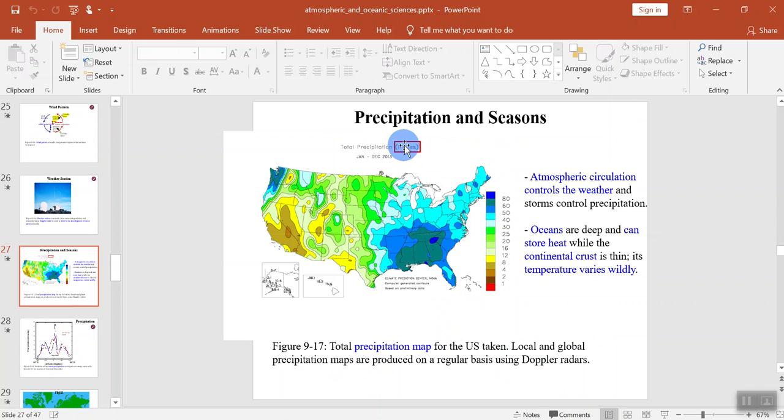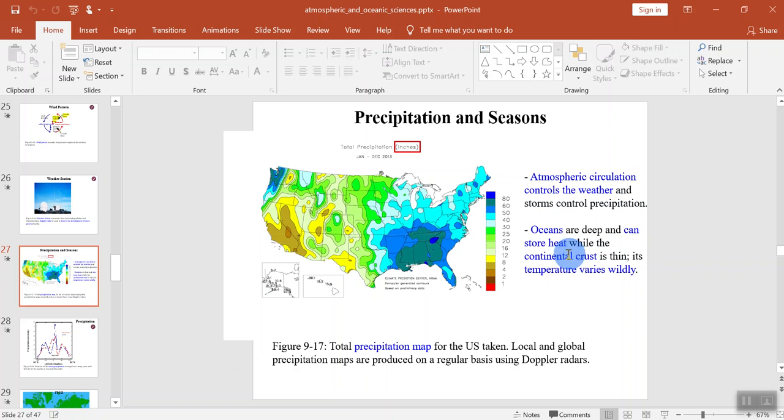Okay? So, precipitation and seasons. This is a precipitation map of the United States. You see hot weather here, desert, and you see a lot of rain in California and down south, and in between for the Midwest states and so on. So we said that atmospheric circulation controls the weather.